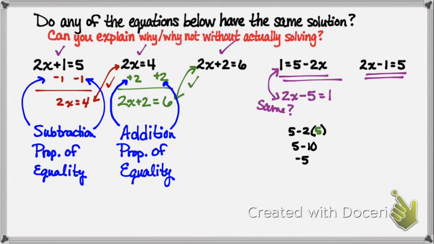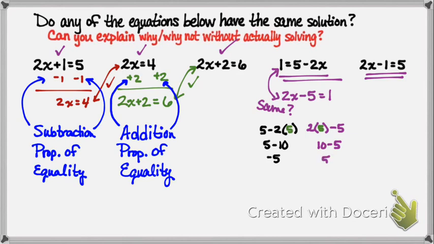For the way we've switched this around, where it's written in purple, 2x minus 5, that would be 10 minus 5. Does that also give me negative 5? That gives me what? Positive 5. So these are not the same. So we can't switch it around like that.